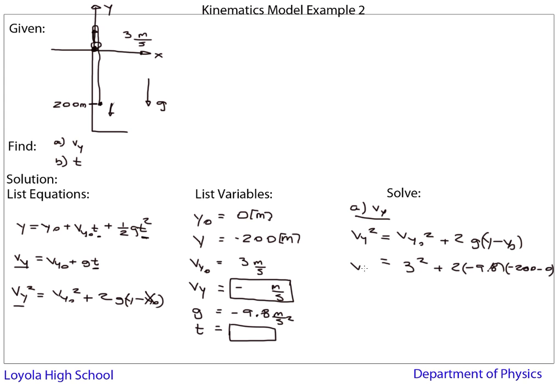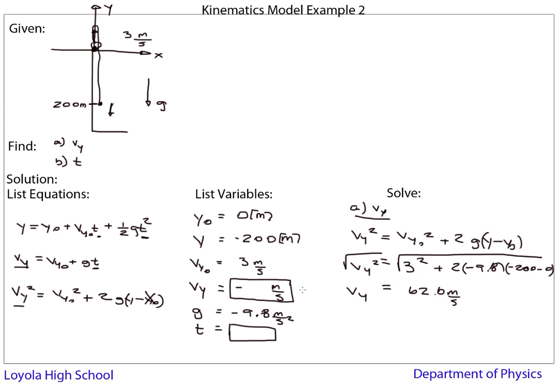And that's Vy squared. Now if I want Vy, I square root both sides, and if you calculate this, I get the value of 62.6 meters per second. That's Vy.